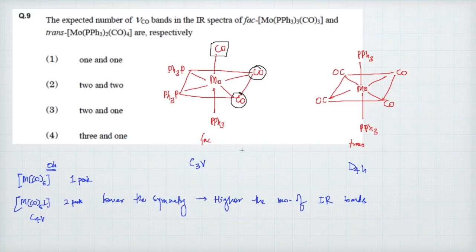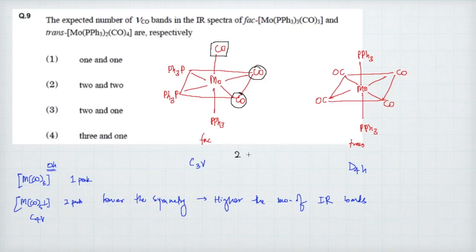So the total number of bands is 2. For C3v, we calculated using the formula n minus 1, so the number of bands is going to be 2.